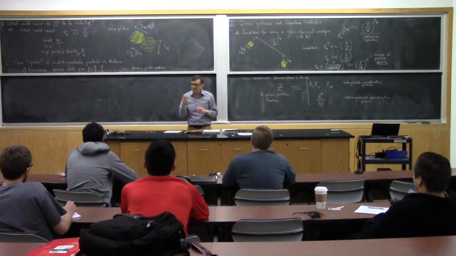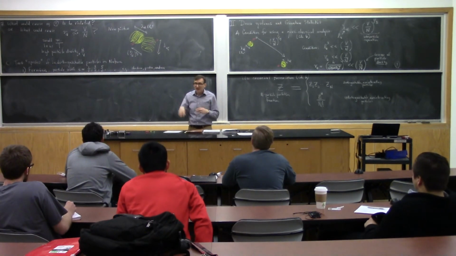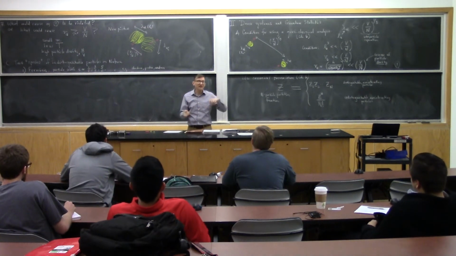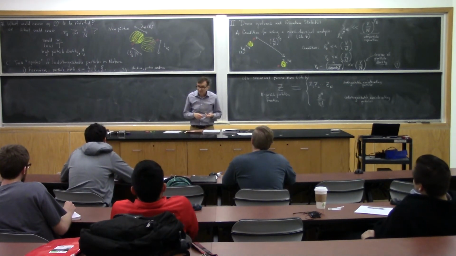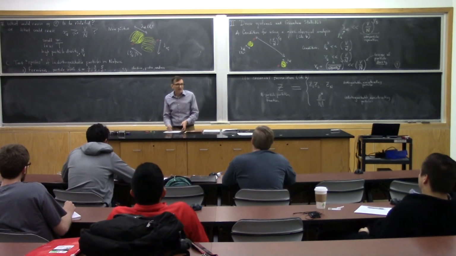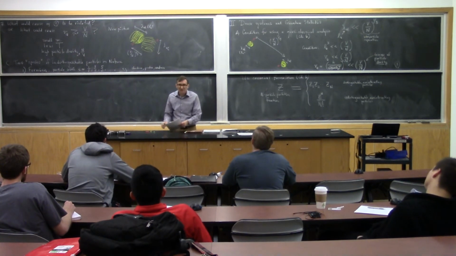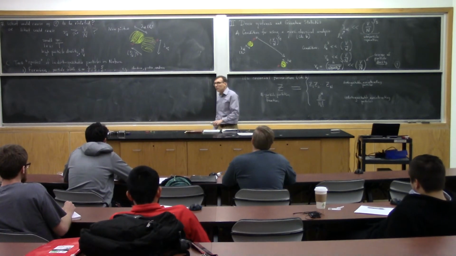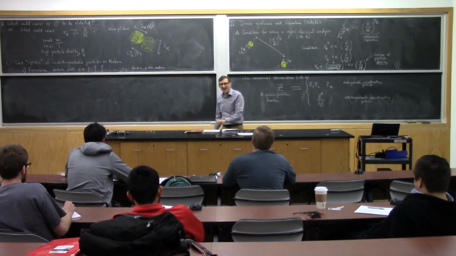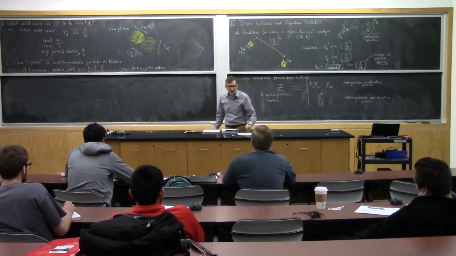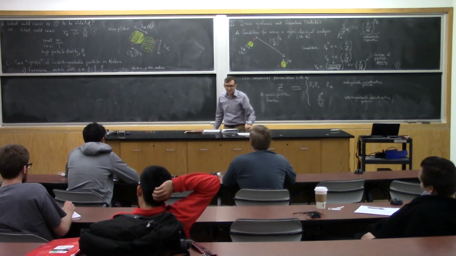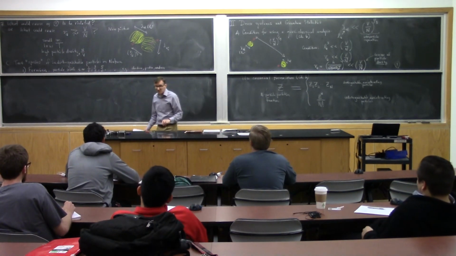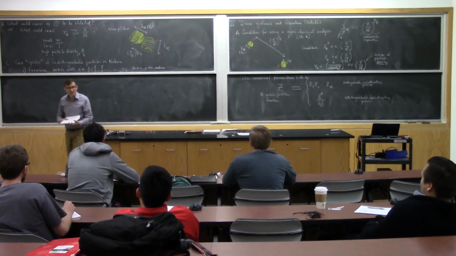If you give labels 1 and 2, and you exchange those labels, the wave function has to pick up a negative sign. That sounds pretty abstract, but the consequence of that fact is that no two particles can be in the exact same state at the exact same time. And we know what that's called. That's called the Pauli exclusion principle.